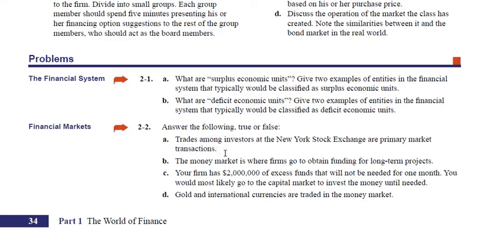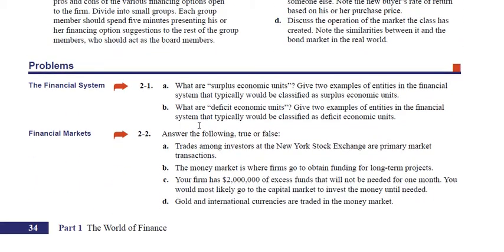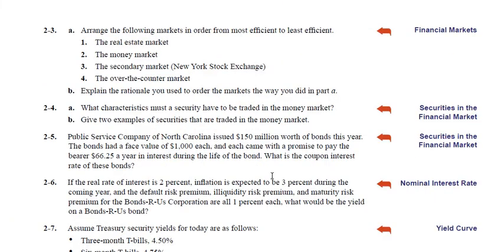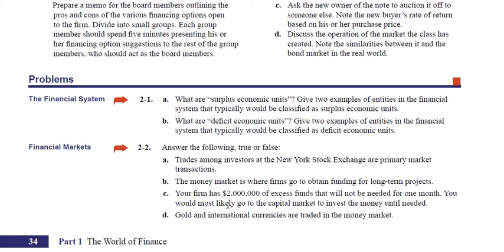Trades among investors in the New York Stock Exchange are primary market transactions. No, false. And you can read up here why that is in the chapter. The money market is where firms go to obtain funding for long-term projects. No, false. Your firm has $2 million of excess funds that will be needed for 1 month.